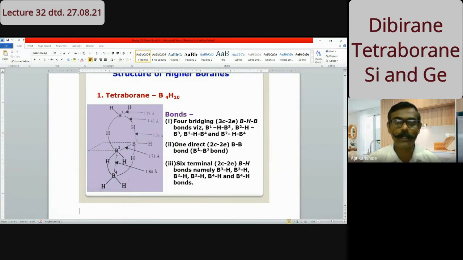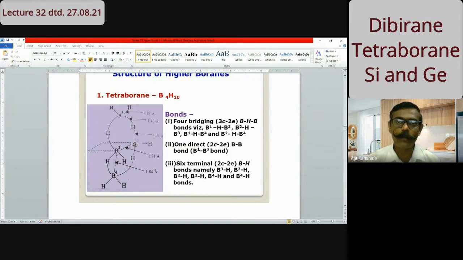Boron 1 and 2 each carry one hydrogen, and the upper and lower borons, boron 3 and boron 4, carry two terminal hydrogens. So 6 terminal hydrogens. And what kind of bonding is it? Two-centered, two-electron bonding, two atoms and two electrons exist in that bonding.